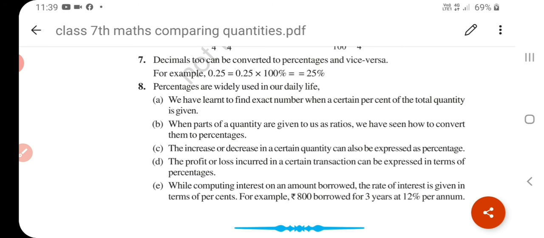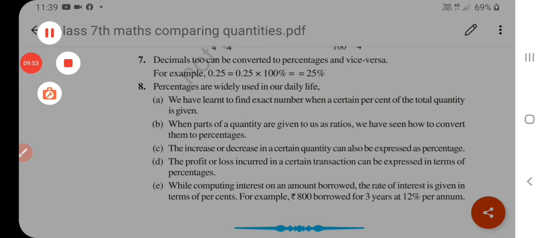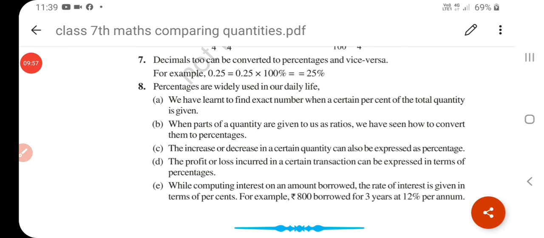Okay, understand? To convert a percentage into a ratio, first convert the percentage into a fraction and then a ratio. Okay, first you have to convert percentage into fraction and then to ratio. To convert a percentage into decimal, drop the percentage sign and then shift the decimal point 2 places to the left.